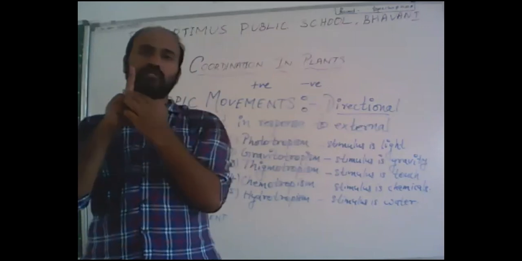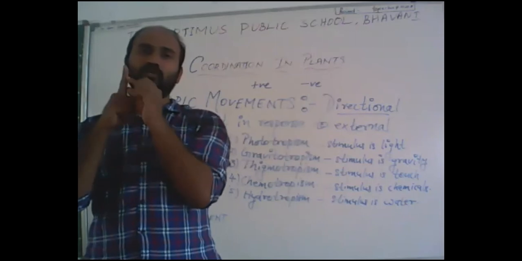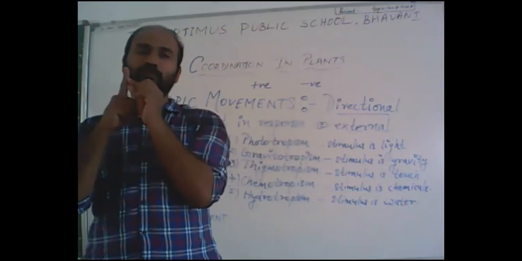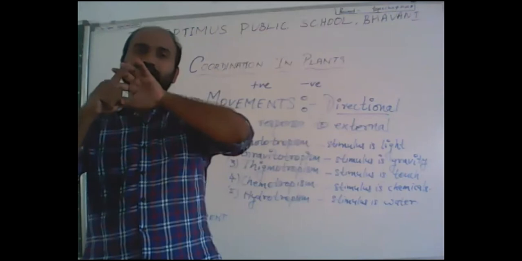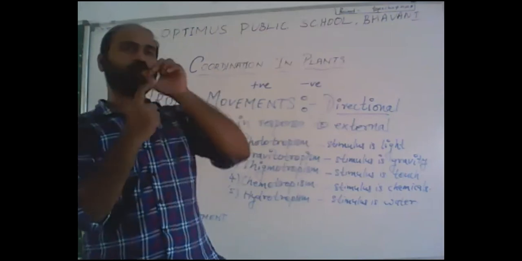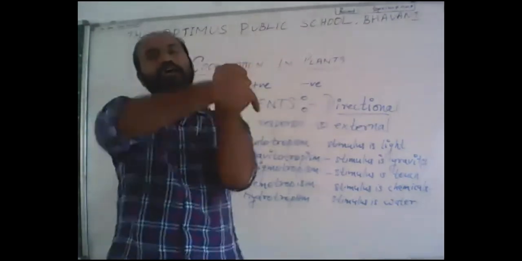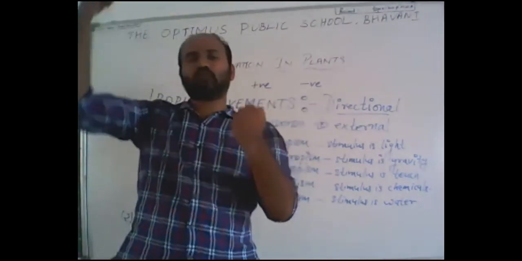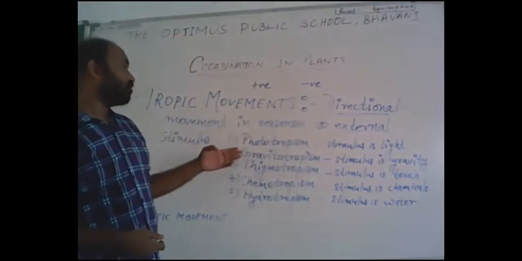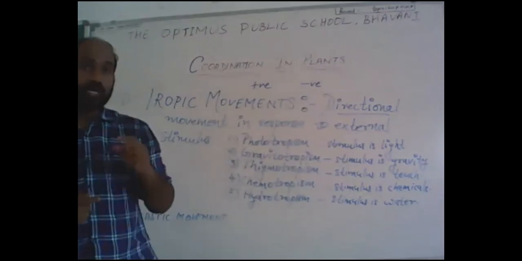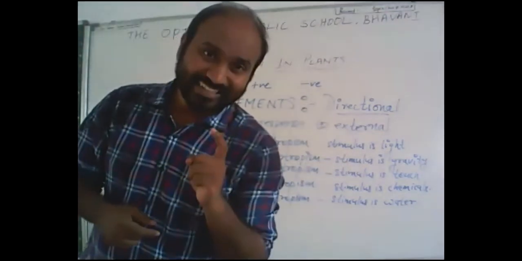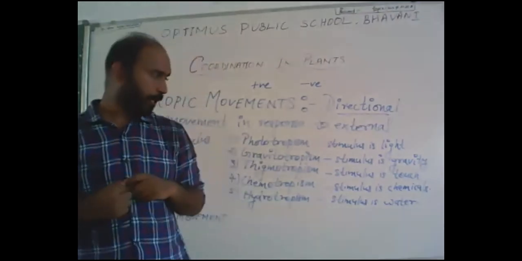Here growth continues, here growth does not happen much. So this part elongates, so bending happens. That's why it wraps around the solid surface. So that is nothing but thigmotropism. Here the stimulus is touch.